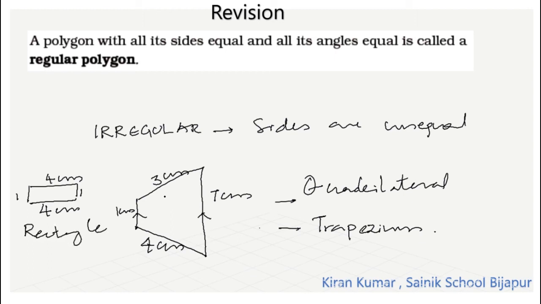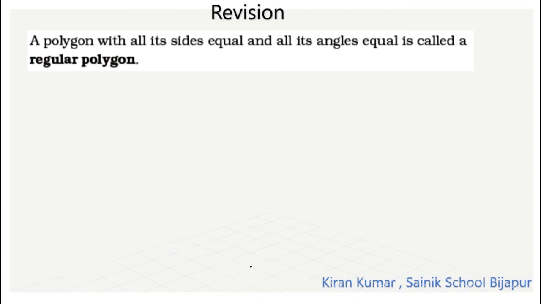It is irregular. If you consider a parallelogram in general, this is irregular. So we can cite so many examples for regular and irregular polygons.